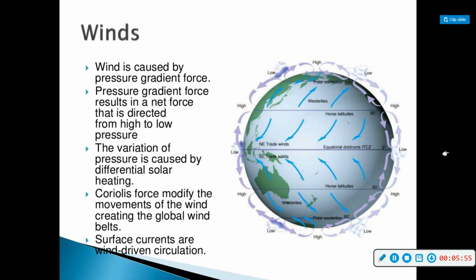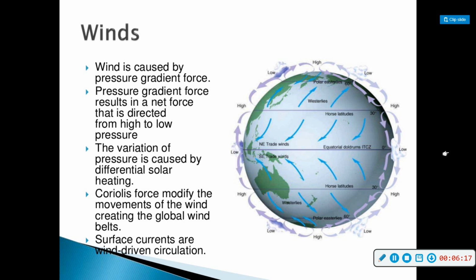Wind is caused by pressure gradient force. Pressure gradient force results in a net force that is directed from high to low pressure. The variation of pressure is caused by differential solar heating. The Coriolis force modifies the movements of the wind, creating global wind belts.